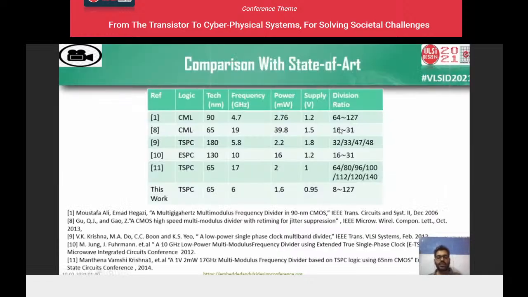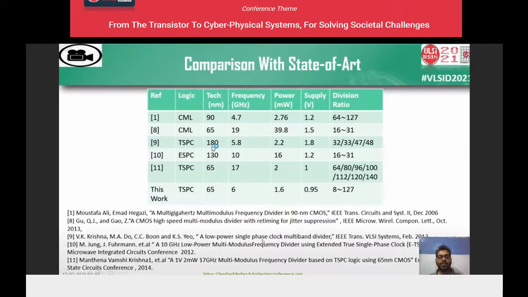So these are some of the papers where they have also implemented MMD with different logics, and some of them are fabricated results. So we compared with our post layout results. The CML logic operates at high frequency here in 65 nanometer, but the power consumption is very high.